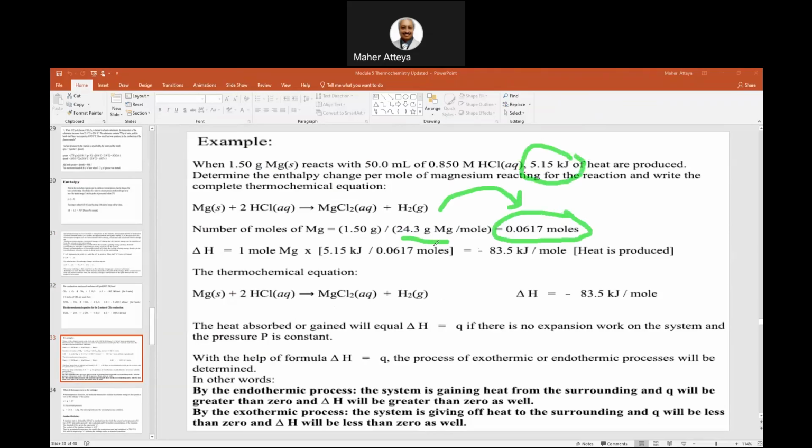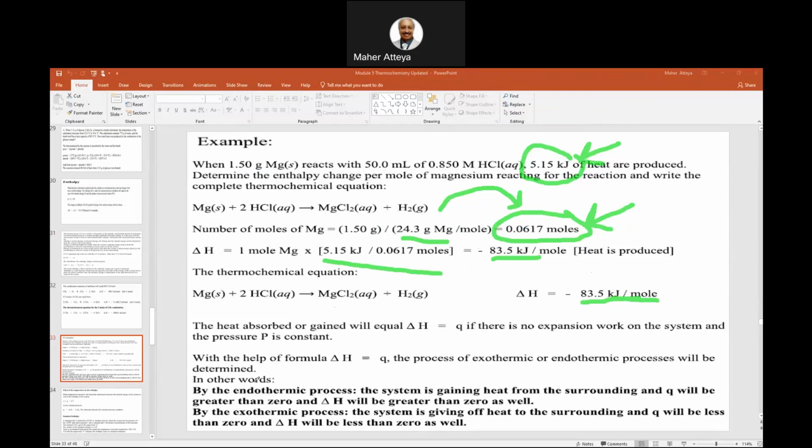Then you divide it by the moles here, you have reduced. So when you divide those two, the answer is kilojoule per mole.